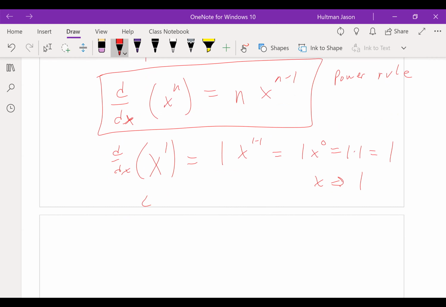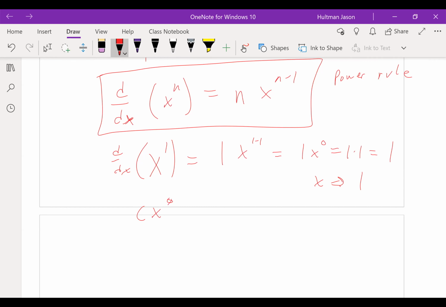Okay, let's try a constant here. C, constant. Let's write it like this: c times x to the 0. Because again, what's x to the 0? That's just 1, right? Okay.